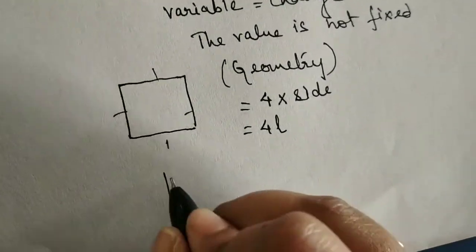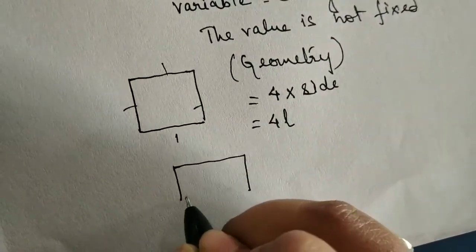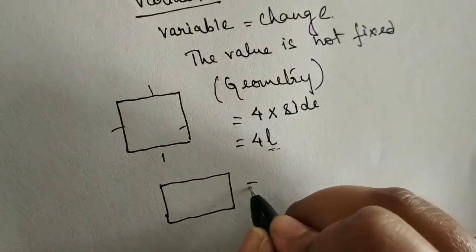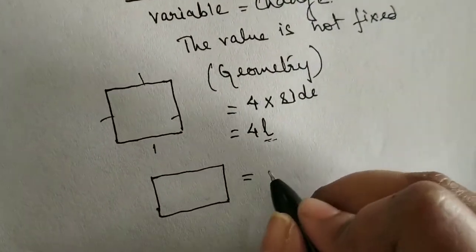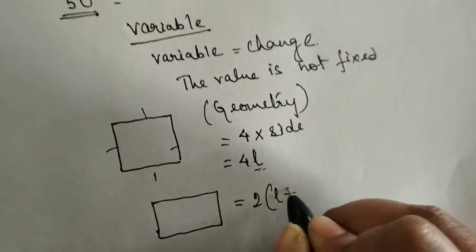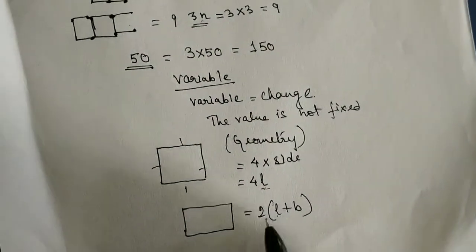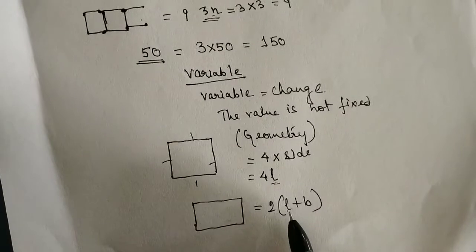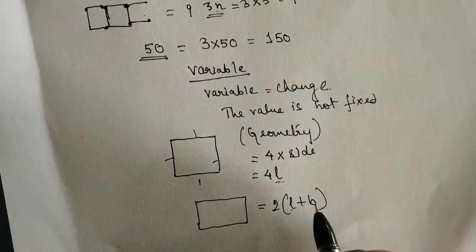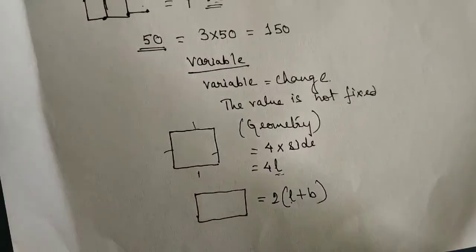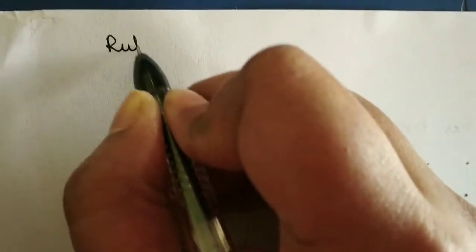Similarly, for a rectangle, we write, so L is a variable here. For a rectangle we write 2 into length plus breadth. So here L and B both are variable. If L's value is given and B's value is given, then we will place the value in place of L and B. Okay.